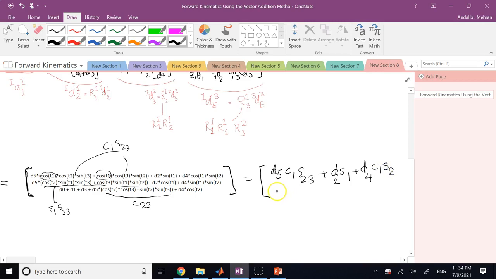The next term is D5 S1 S23, and then minus D2 C1, then plus D4 times S1 S2, and finally you have D0 plus D1 plus D3 plus D5 times C23.